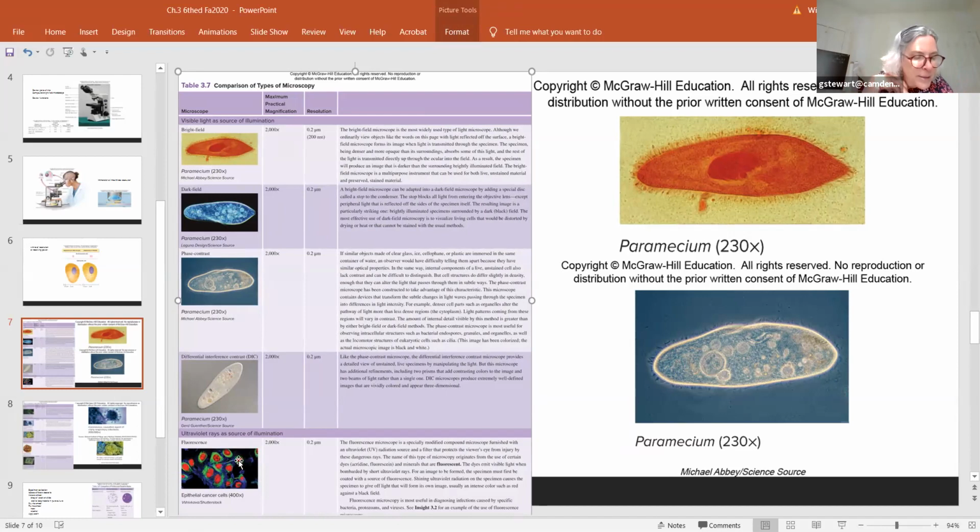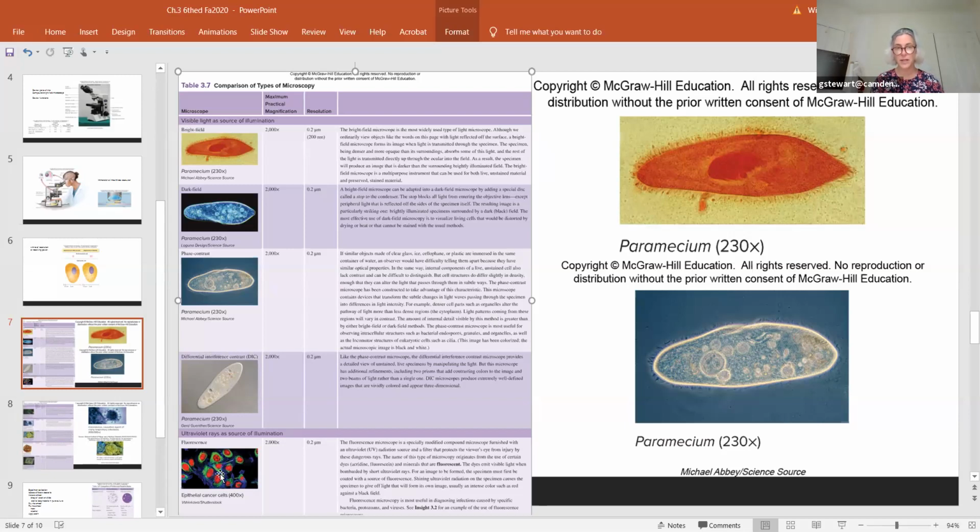Basically what happens is the light source is changed out from white light or a light bulb to fluorescent light, so ultraviolet light. And the stains that you use are fluorescent dyes, so they will glow under UV light. So these are some cells here, and you can stain different parts of the cell.